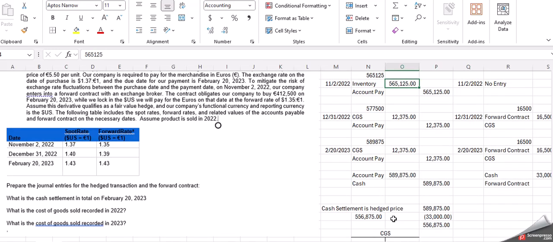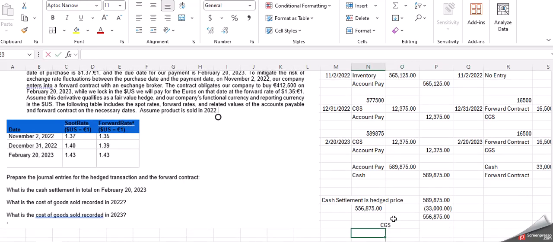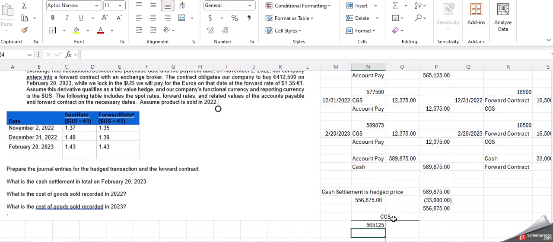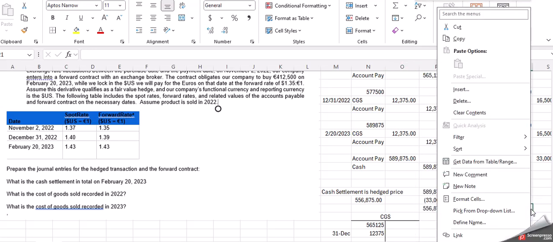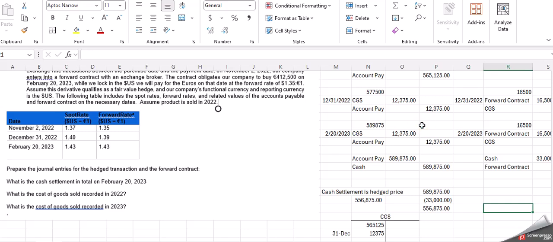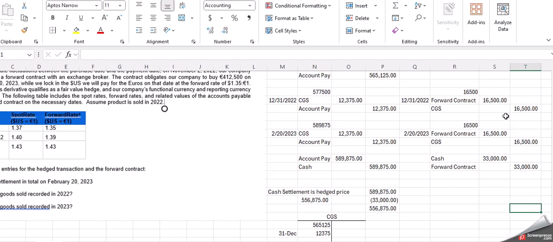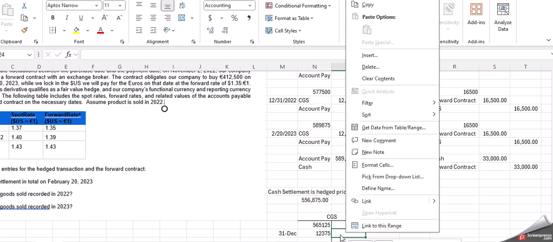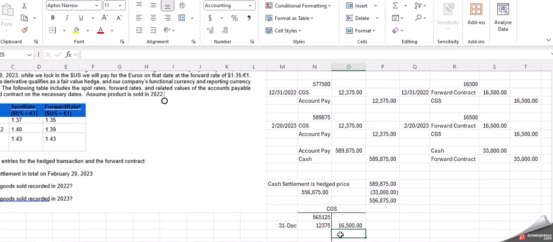So 565,125 is going to get charged out to cost of goods sold. Then at December 31st, we have these two adjustments. So 12,375 is a debit with the change in the currency, and then over here to that forward contract, we credited it for 16,500.